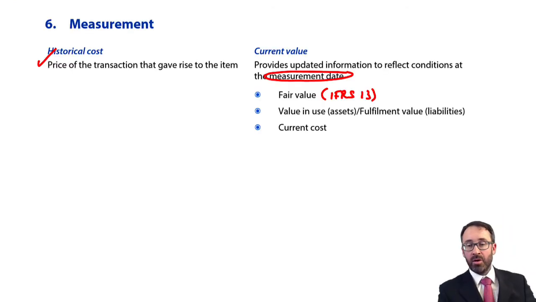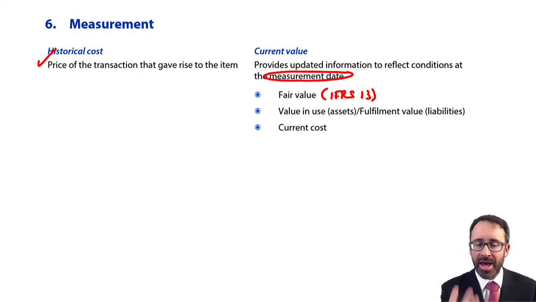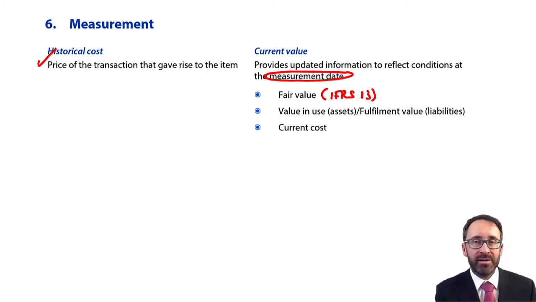What we've then got as well is to look at your value in use. So your fair value is an exit value. Your current cost is an entry value. Your value in use is also an exit value. Exit because you're using the asset and therefore consuming the benefit. So you're exiting effectively from its use. Okay. The same value in use for an asset is called fulfillment value with regards to a liability.